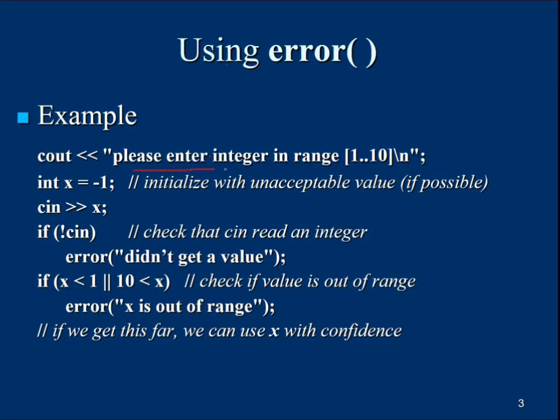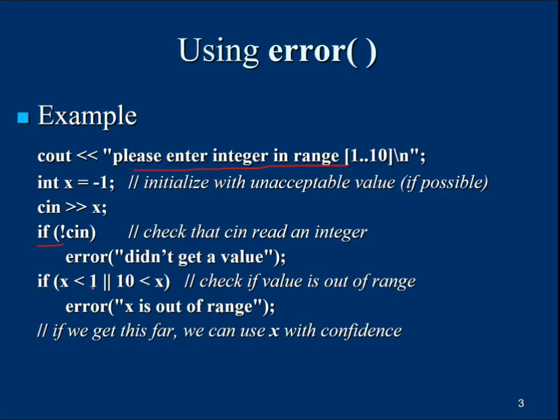Like this: please enter an integer in the range 1 to 10, and int x equal to -1. This initializes it with an unacceptable value, right? So if a user enters some value x, we check that it has to be an integer, and we can just throw an error that didn't get a value.